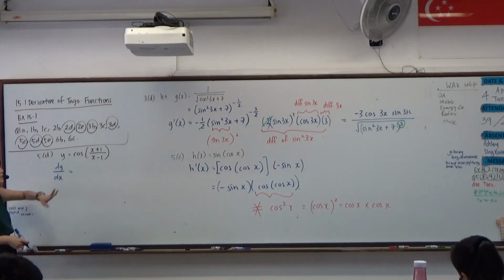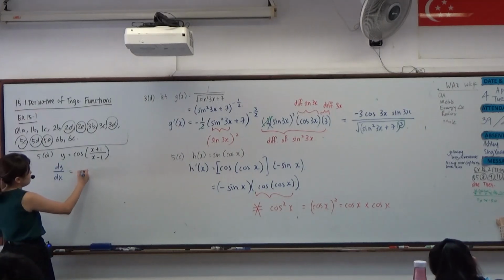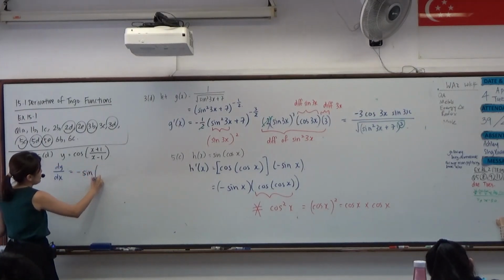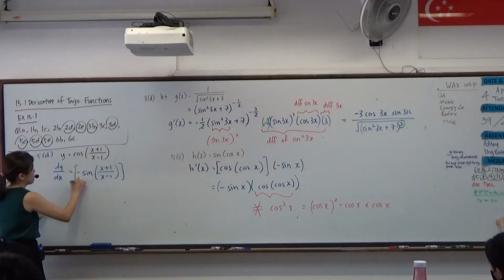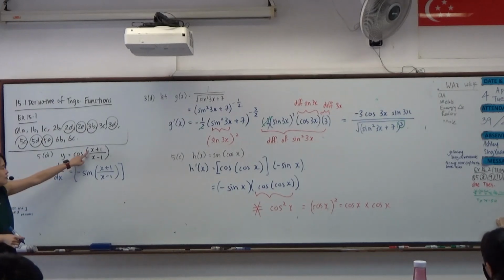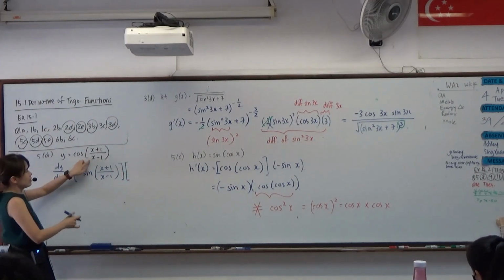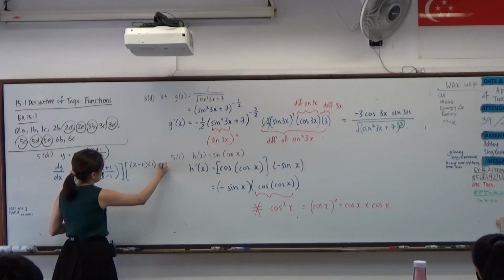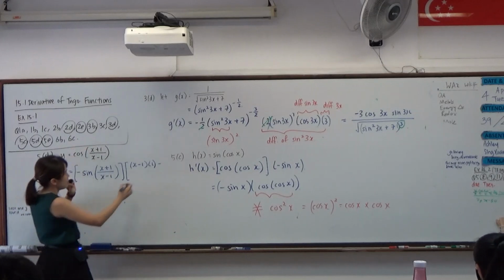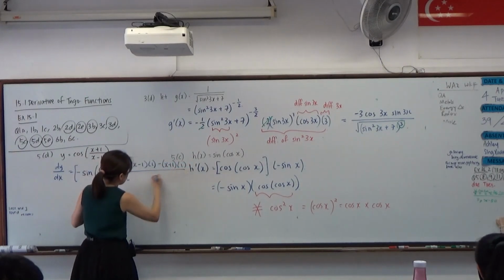All we can only do is to later on apply our quotient rule when we want to differentiate this part. So for our cosine itself, when we differentiate, we'll get negative sine. Angle, keep it the same. Okay, and then we proceed with differentiating this by applying our quotient rule. That will be to keep the bottom, differentiate the top, minus away, keep the top, differentiate the bottom, and then bottom square.